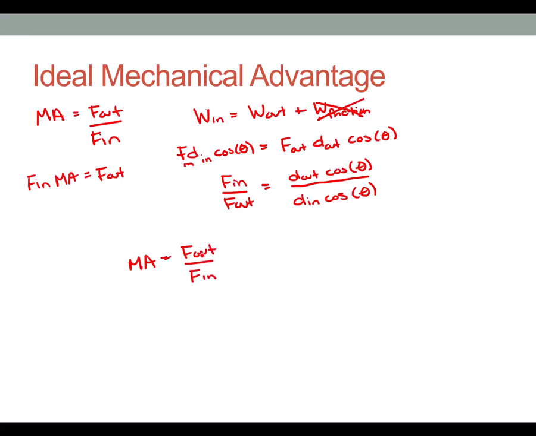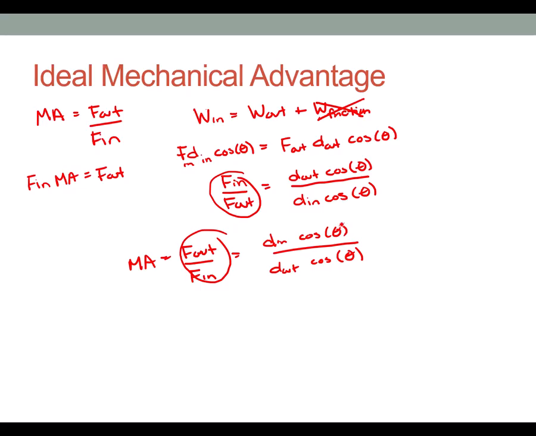Mechanical advantage is force out divided by force in. Notice that this one here and that one there are the same thing, just flipped over. So I'm going to flip this one over to plug it in. Okay.